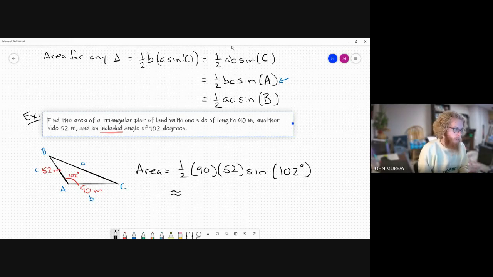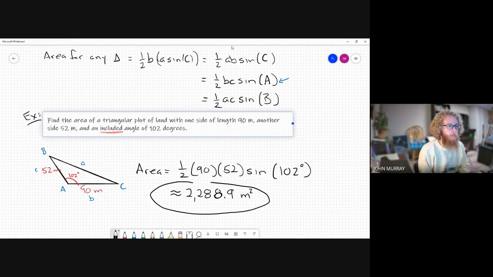So I get the area is about 2,288, let's say 0.9. Right, and we're talking about area, so now our units is going to be meters squared.